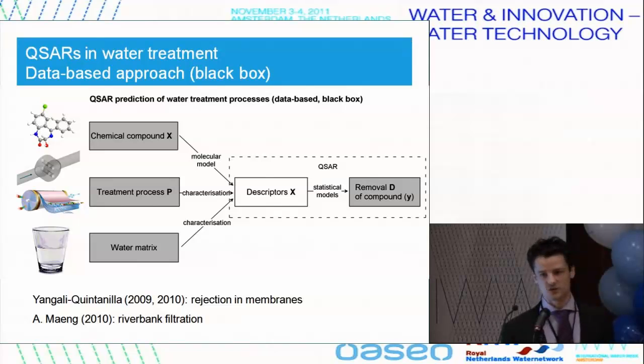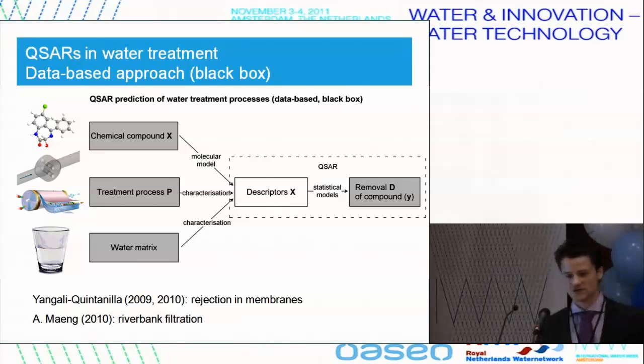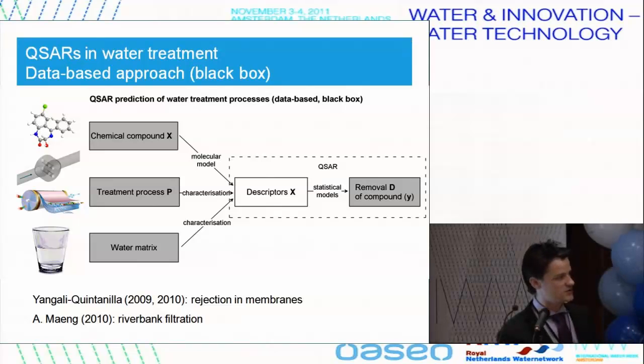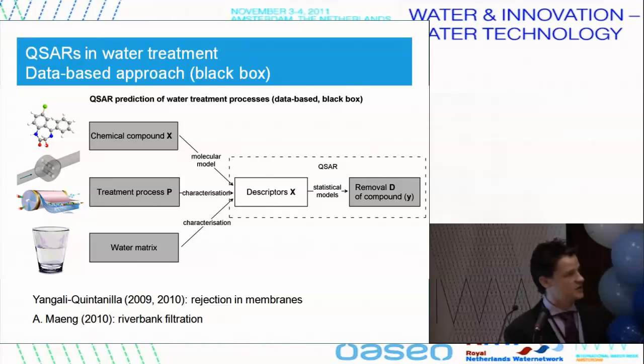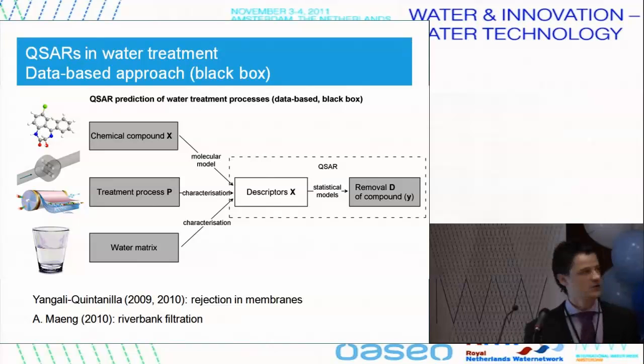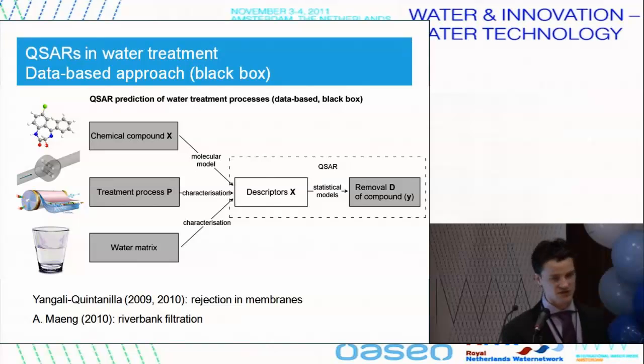Because if you're looking at water treatment processes, there are also some other effects you need to account for. One of them is the water matrix, with all the background compounds which may compete with the target compound you're interested in how it is removed. And there are also different treatment processes with process conditions of that treatment process, and also different reactor configurations.